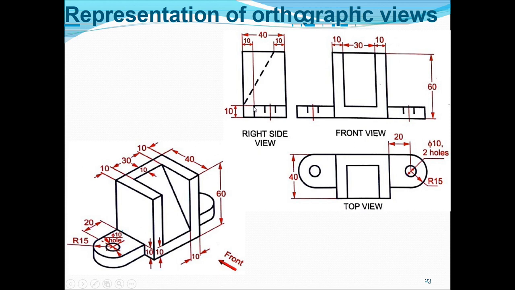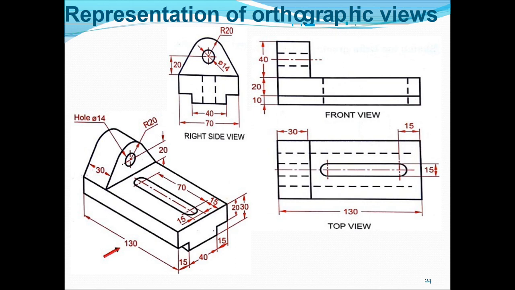Then if you can see, there is some inclined angle given between this line. That is invisible, so I will be drawing it using the dotted line. This is the side view for this component.